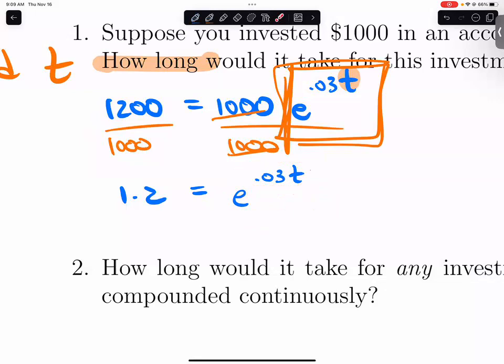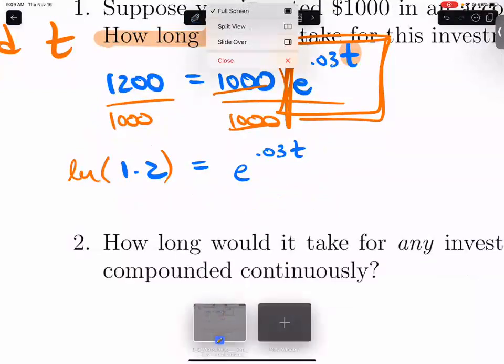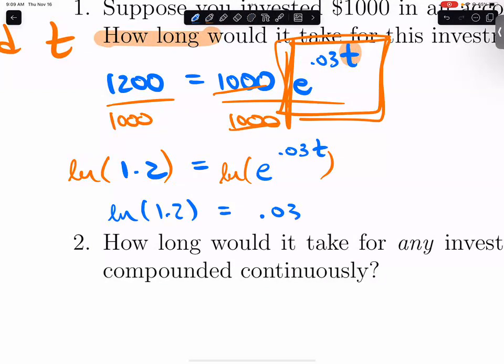The base is e, so natural log makes sense. If I take the ln to both sides, what happens on the right? Yep, and we just get 0.03 t.